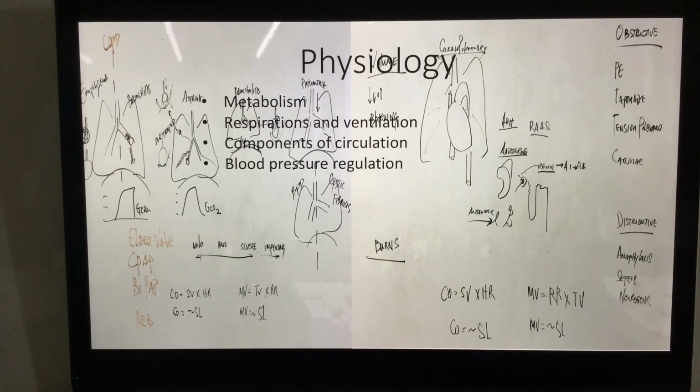So please familiarize yourself with the process of metabolism, aerobic and anaerobic metabolism, circulation and the components of circulation, perfusion, and how ventilation and the circulation or perfusion maintains the exchange of oxygen and carbon dioxide.